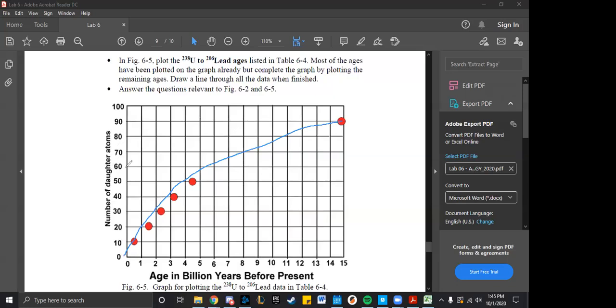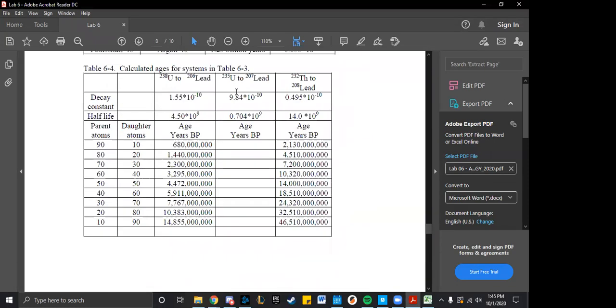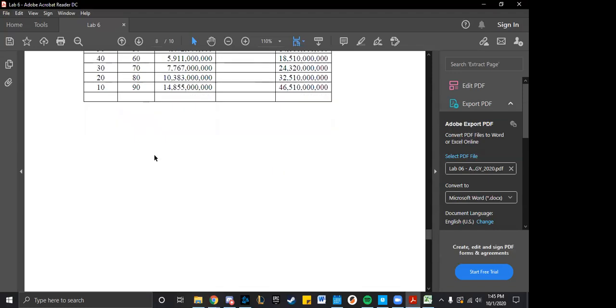So it's the number of daughter atoms. You're basically going to take the same one. It's from table 6.4, and it's the uranium to lead. So at 680 million years, there are 10 daughter atoms.